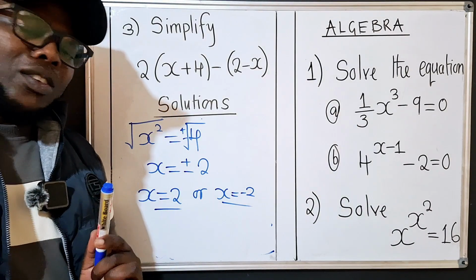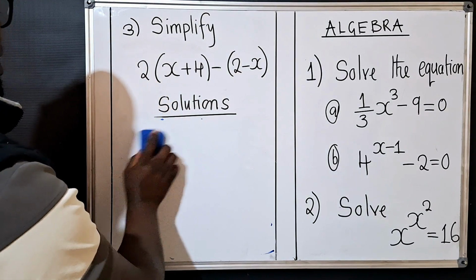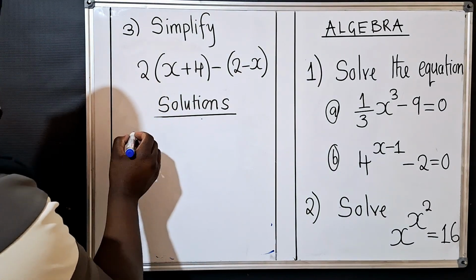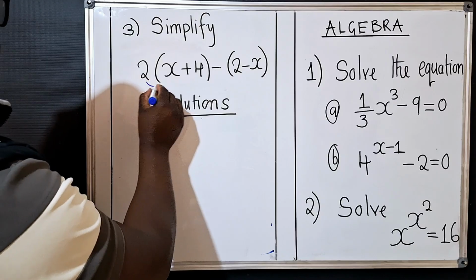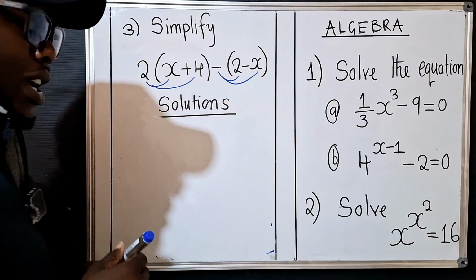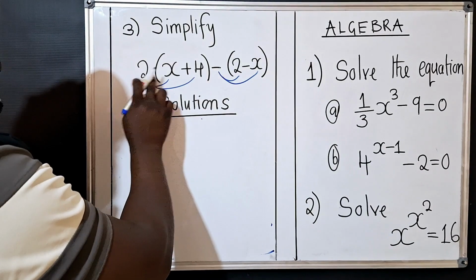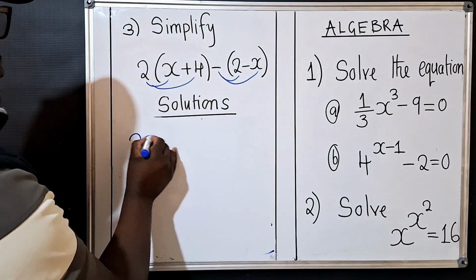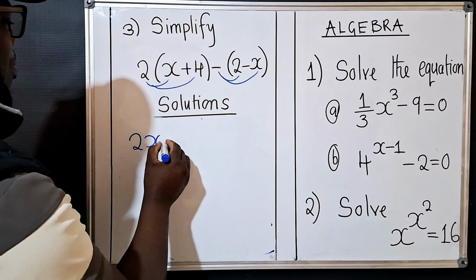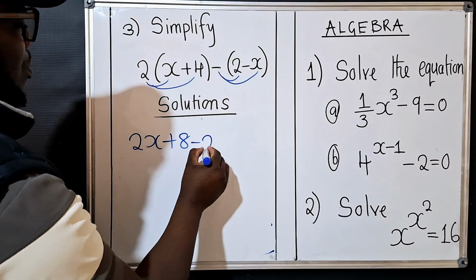We now go to our last question where we need to simplify. So to simplify here, we are just going to multiply what is in front of the brackets by what is inside. This is what we call getting rid of the brackets. So 2 times x, that is 2x. 2 times 4, that is 8. Negative times 2, it's negative 2.